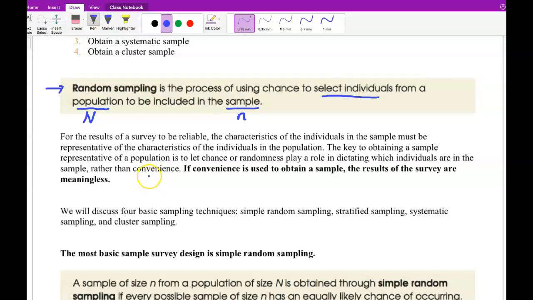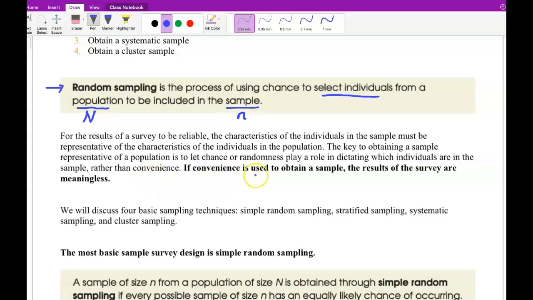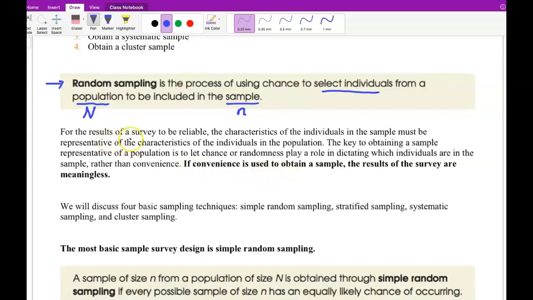And let's see what we have here. For the result of a survey to be reliable, the characteristics of the individuals in the sample must be representative of the characteristics of the individuals in the population. So we're going to choose our samples, our individuals, from our population.